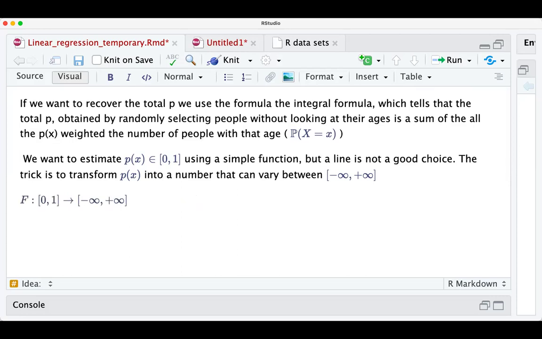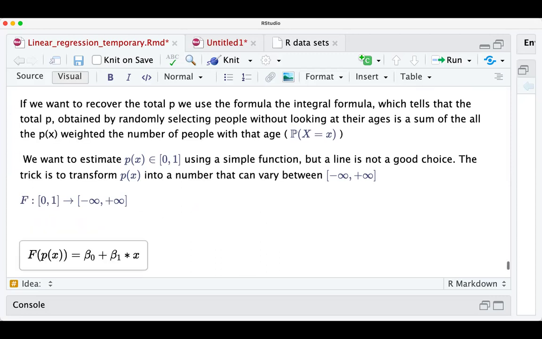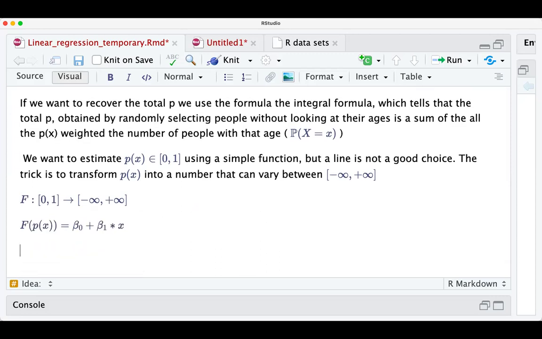And we want to estimate f of p of x with a line. So now the problem is to find this f.